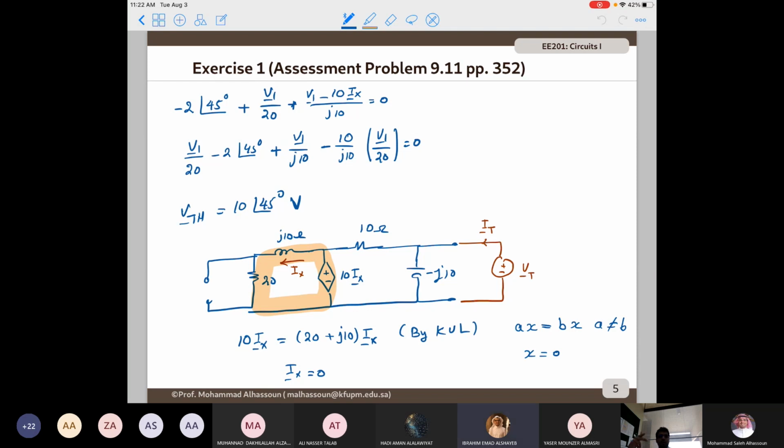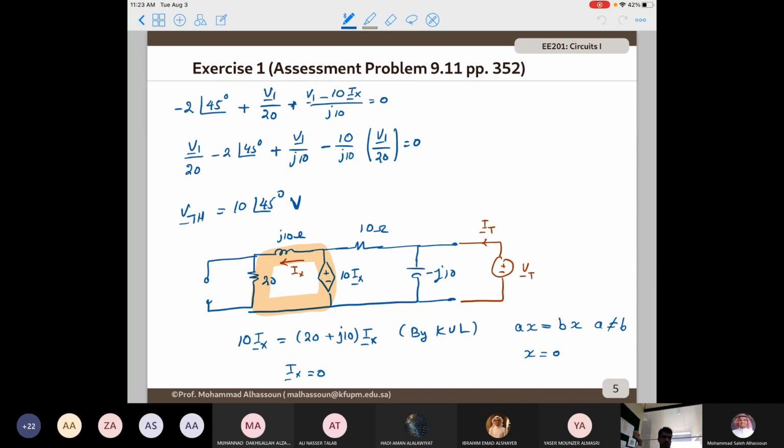I think in order to solve a system of equations, you need at least 2 equations. So what is the second equation? But here we have one unknown. Okay, but I don't know about the situation. I don't know what type of calculator you have. So try to do the following. Try to take V1 as a common factor.